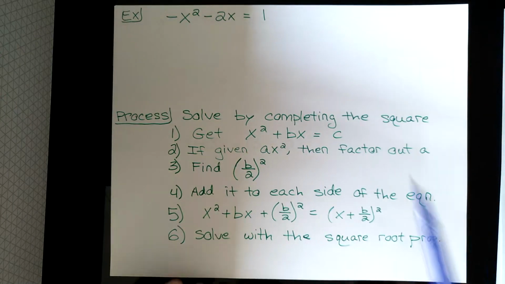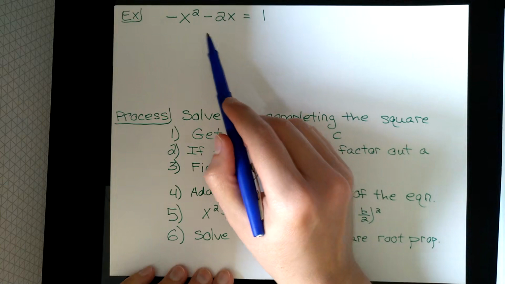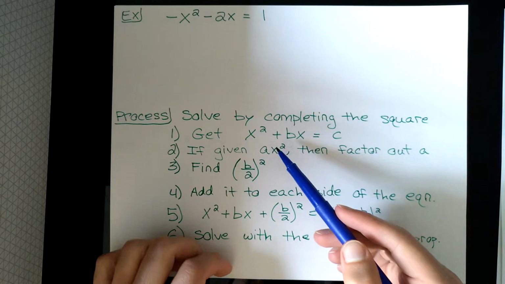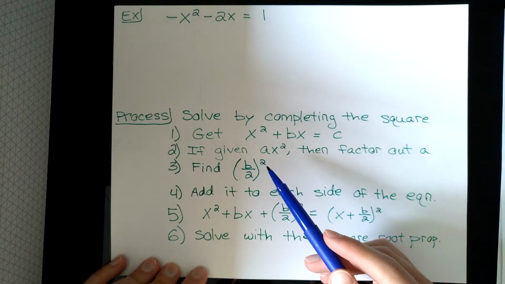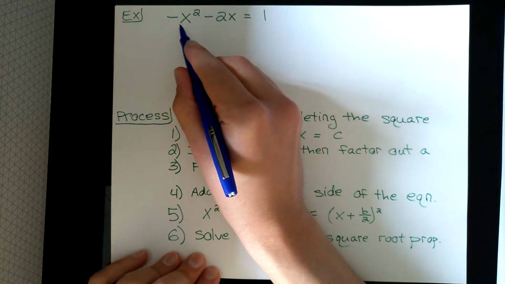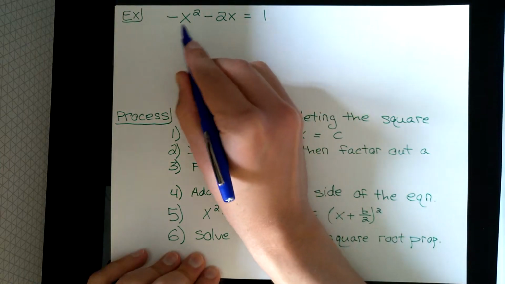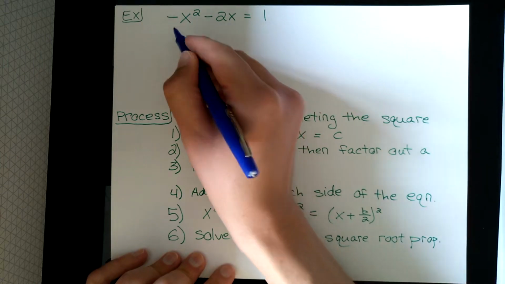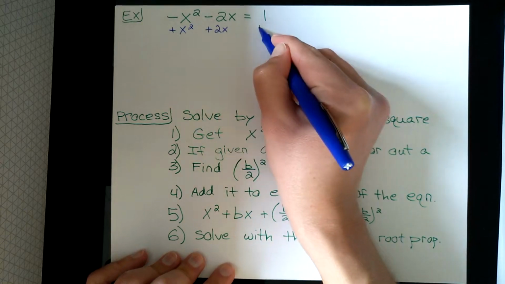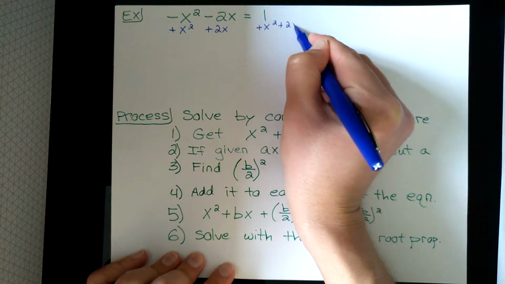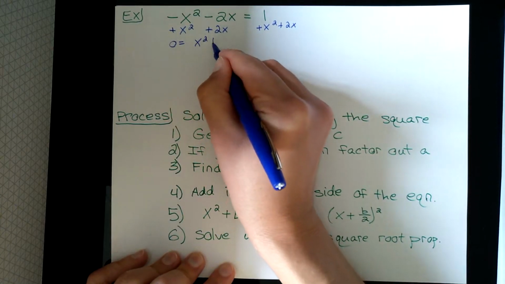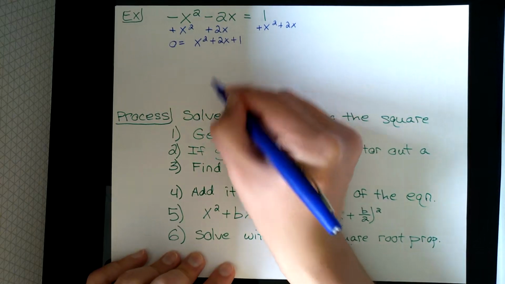All right. So go ahead and take a moment. Try to solve x squared minus 2x equals 1 using the quadratic formula. Okay, so from here, we need to move everything to one side, and we generally want the x squared term to be positive, so we are going to add x squared and add 2x to each side, which gives us 0 equals x squared plus 2x plus 1.